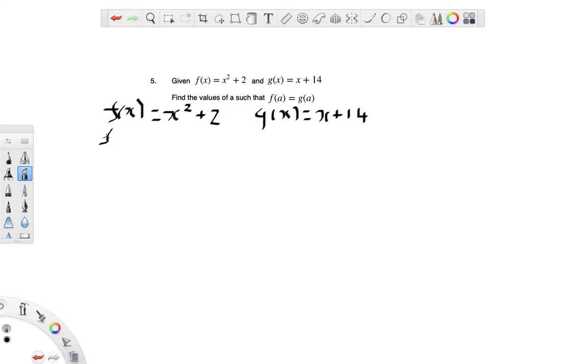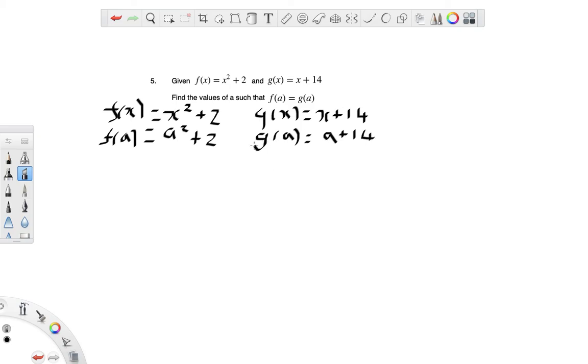So f of a for this function, well that's going to be a squared plus 2, and then g of a is going to be equal to a plus 14. What have I done there? Well, I've done what I'd do if I had a number.